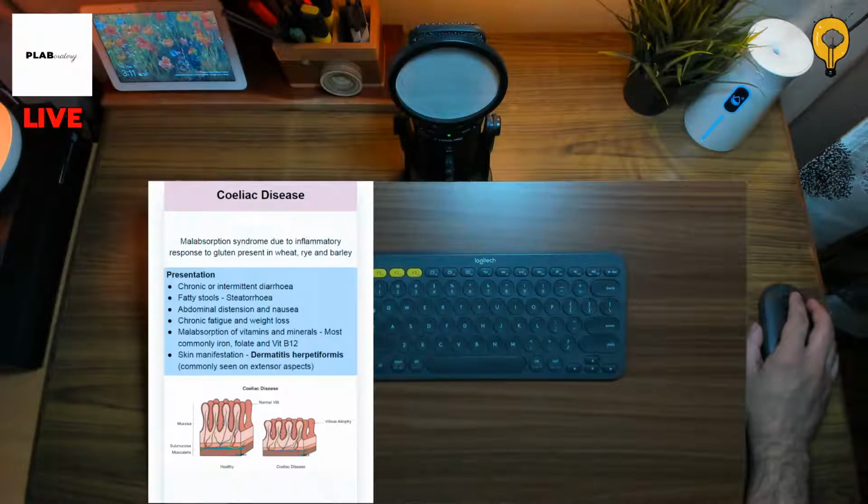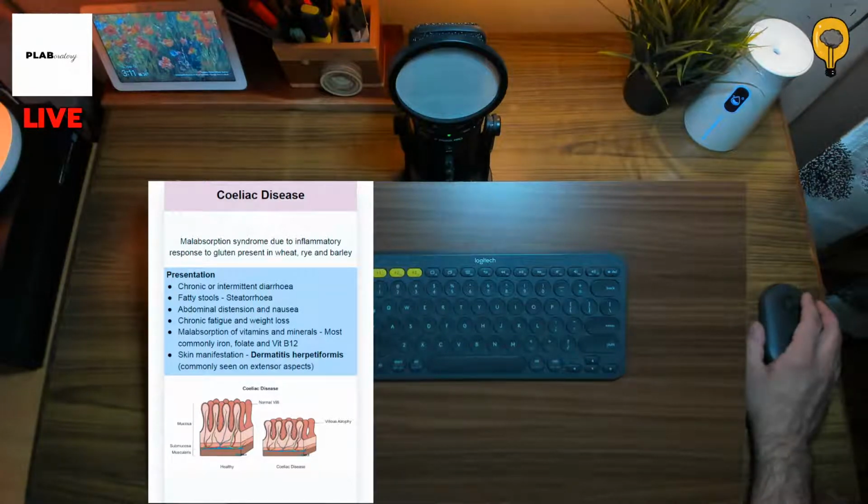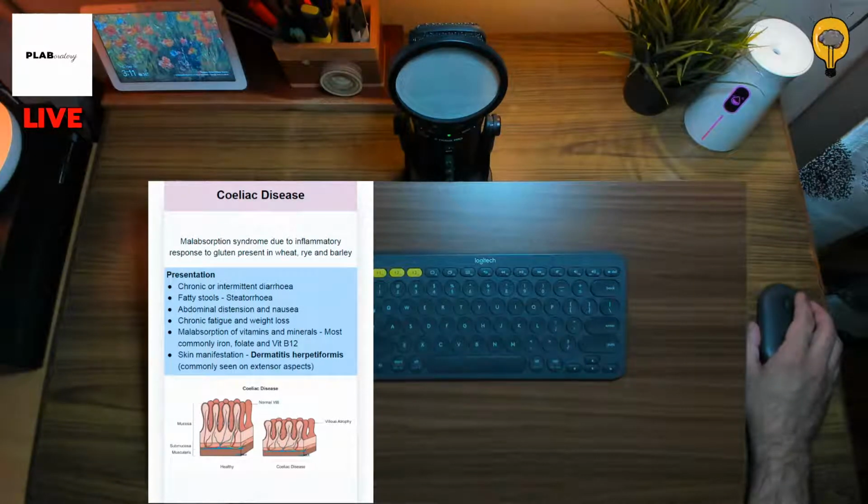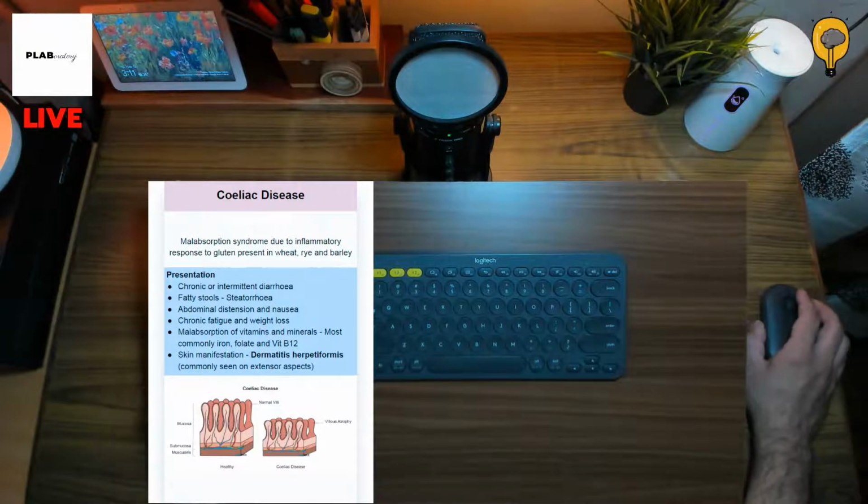So biopsy is still required to confirm the diagnosis, even when specific antibodies are positive. In biopsy, we'll look out for villus atrophy, crypt hyperplasia, and increase in intraepithelial lymphocytes.